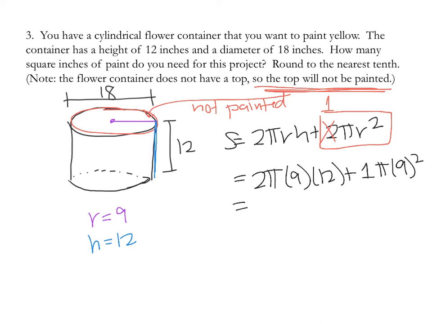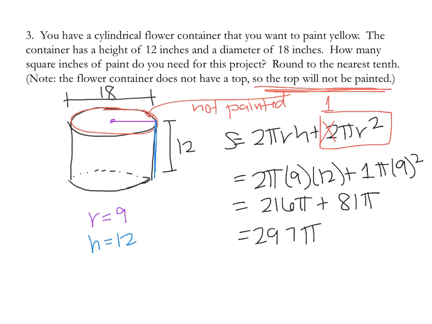And now for this particular problem, we are going to round to the nearest tenth. So you can put pi in now, or you can put pi in at the end. I tend to put it in at the end. So I'm going to do 2 times 9 times 12. That's 216 pi. And this is going to be 81 pi. And we get 297 pi.